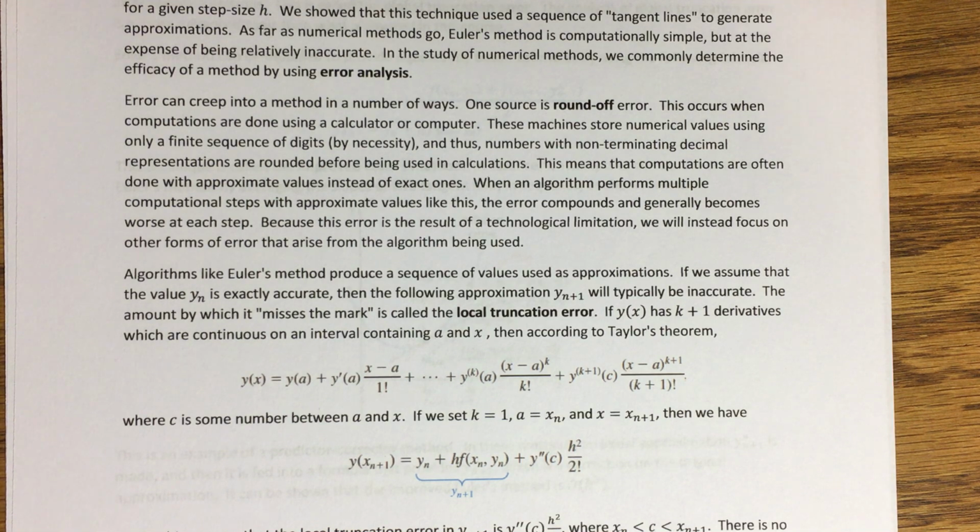So for the purpose of computations, computers will take decimal numbers that are normally represented by an infinite string of digits. For example, the number 1/3 as a decimal looks like 0.33333 repeating infinitely.